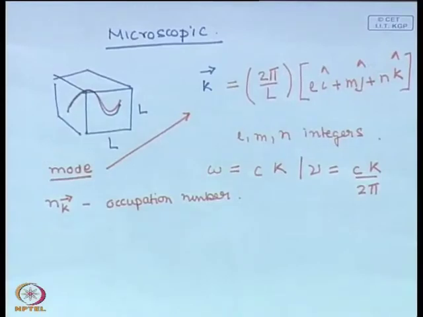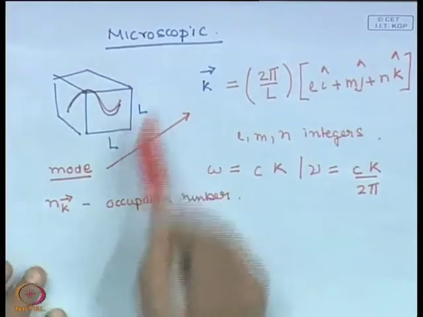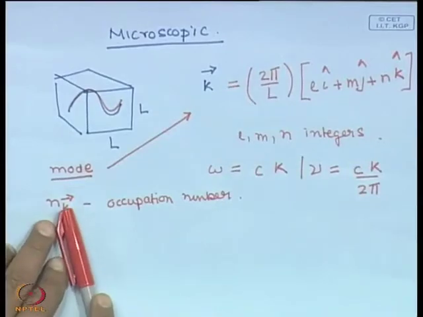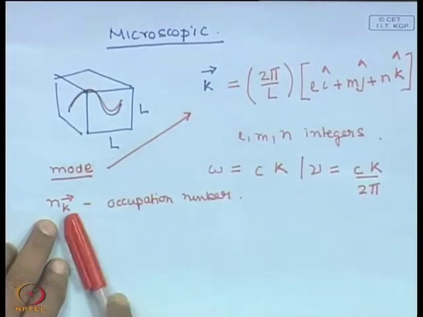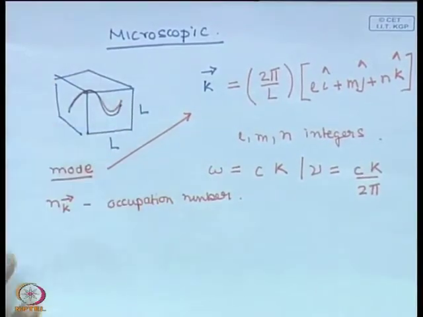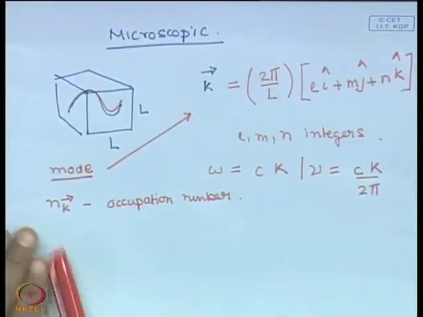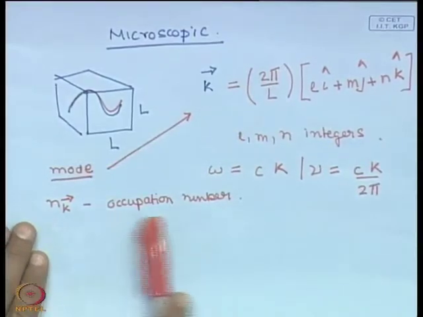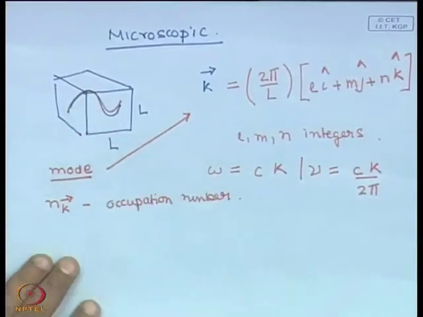Okay, which is the relatively microscopic thing here. So, this tells us how many photons are there in any particular mode. So, the entire electromagnetic radiation in this box can be decomposed into different modes, and Nk is the occupation number, the number of photons in each mode, and it will be different for each value of k.